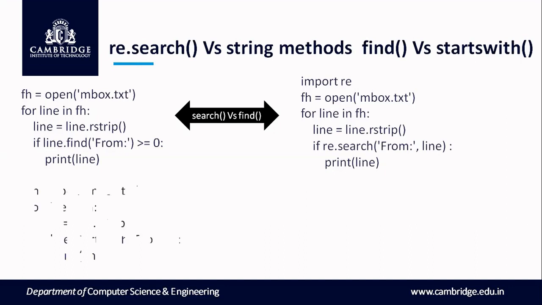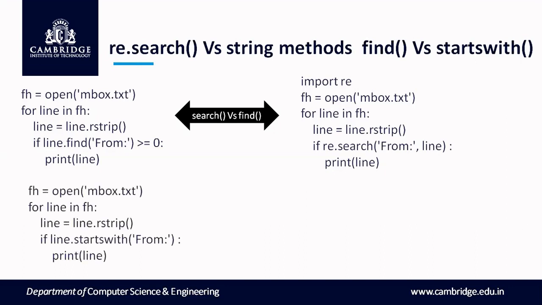Now let us go with the other example, which is startswith. If I use this startswith, the From should be there at the start of every line or every string.